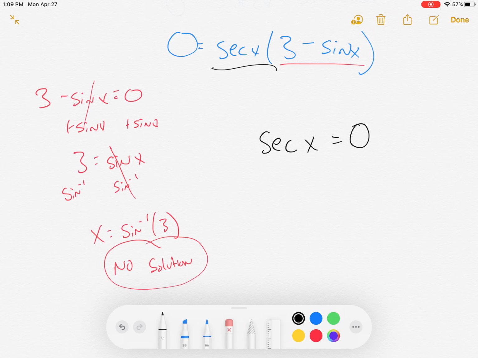So really, what we can do is secant is the same as 1 over the cosine of x equals, well, I flipped this to be this, right? So 0, how do I flip 0 as a fraction? Well, how do you make 0 into a fraction? Well, it's 0 over any number, right? I put an x there, but we could put 1, we could put 7, we could put 85 billion.